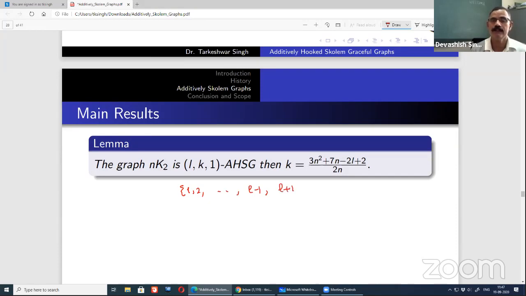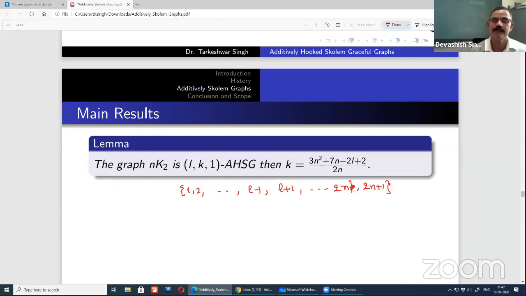L is not considered here, and the labels go up to 2n and 2n plus 1. We can take 2n plus 1 also here.